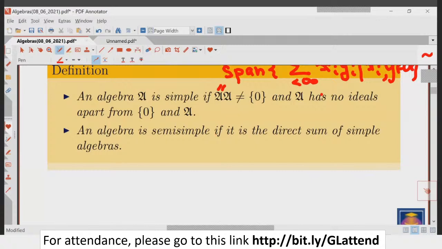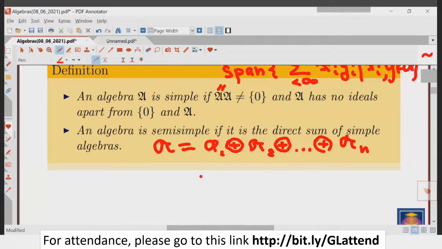So semi-simple means you have an algebra A equal to A1 plus A2, etc., plus An, where each Ai is a simple algebra.